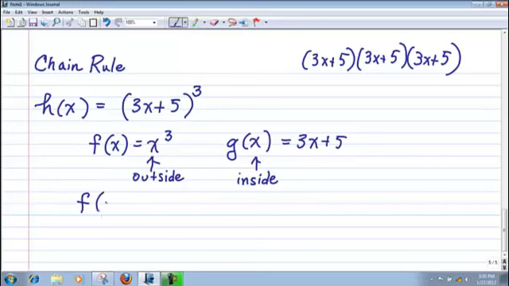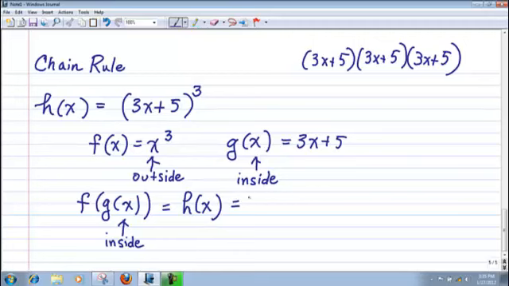And when I compose them, f composed with g of x, meaning I put g of x inside f of x, I get h of x. So remember, the definition of a composition means, in this case, I start with f, which is x cubed, and I put g of x inside, so 3x + 5 on the inside of f.